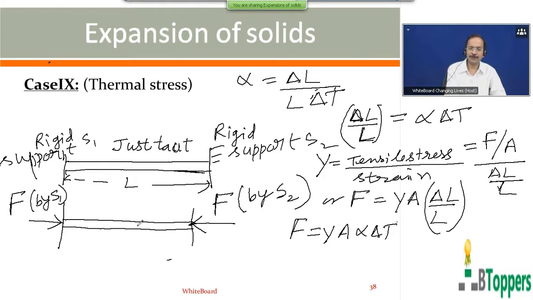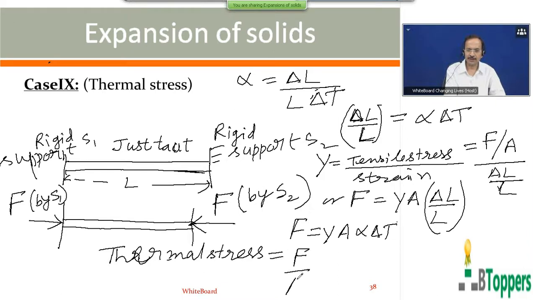So stress will be developed in the rod, which is called thermal stress, because each support exerts a compressive force on the rod to prevent the expansion of the rod. So magnitude of tension of the rod will be increased. The magnitude of the tension force acting normal to unit area of cross section gives you that stress here.